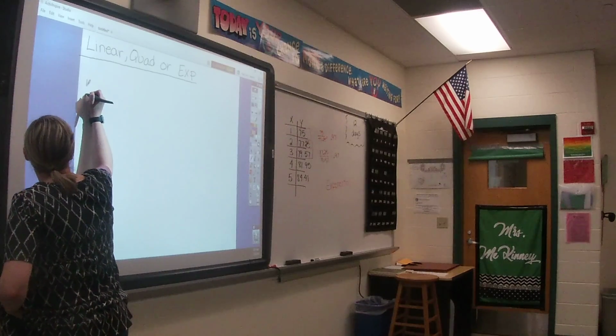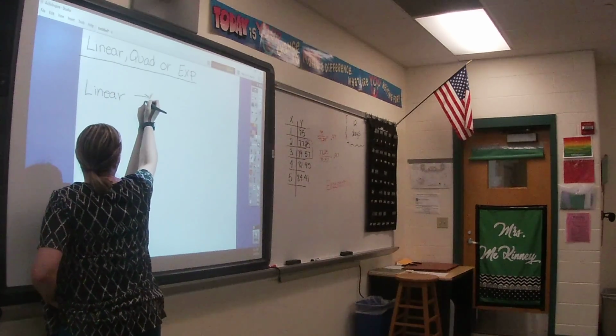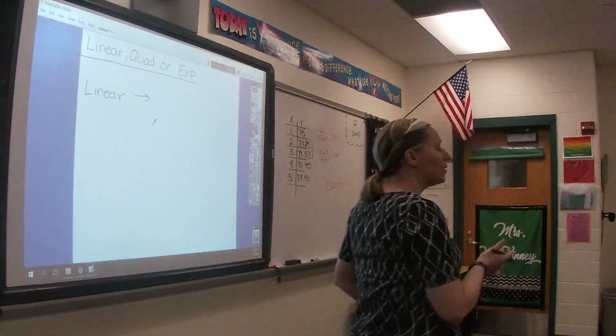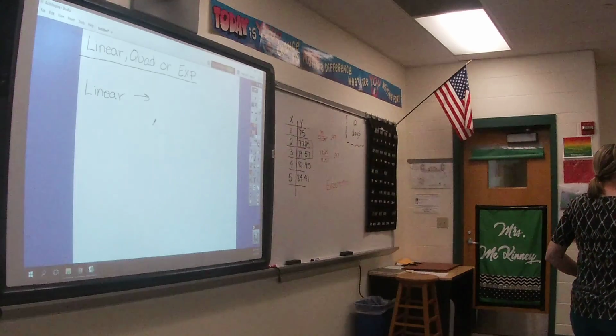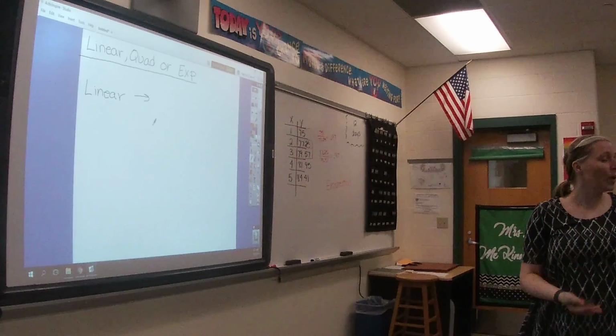For something to be a linear function, we are talking about functions in all of these situations, which means a function can be represented as a table, a graph, ordered pairs, a mapping. We can talk about its domain and range.